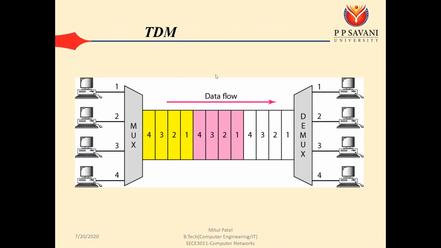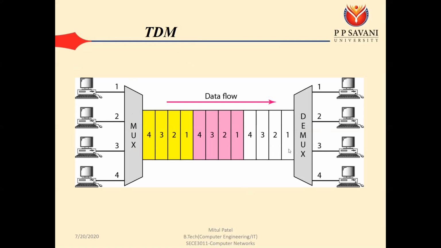So you can see here that in case of the TDM, your link is divided based on these timing slots. Here the first user has 4 slots, that is 1 2 3 4. The second user has also been allocated 4. Not like that.